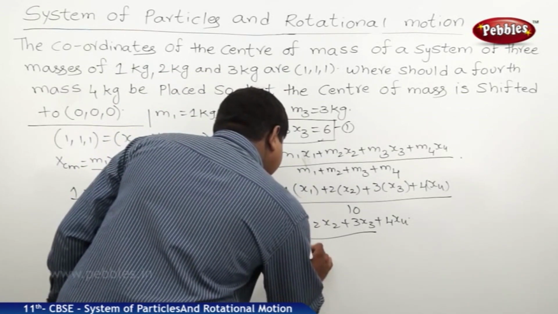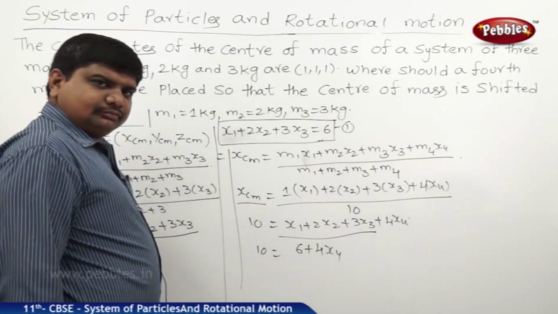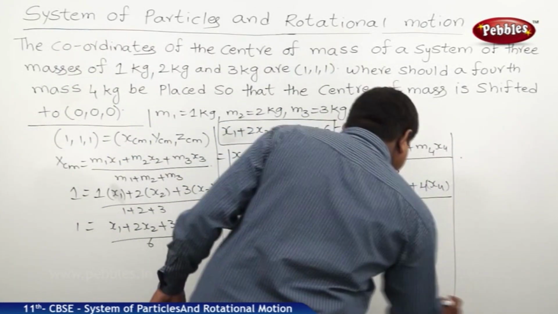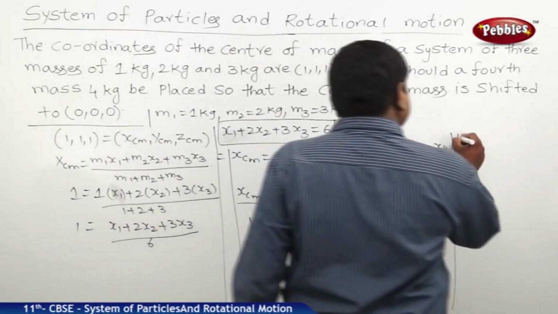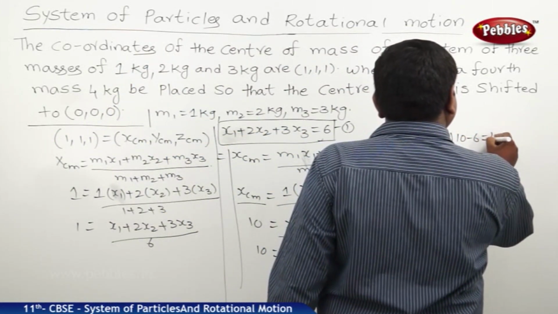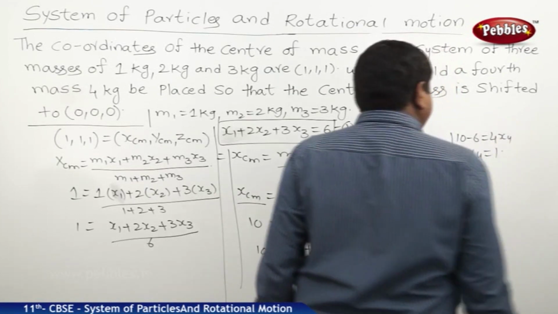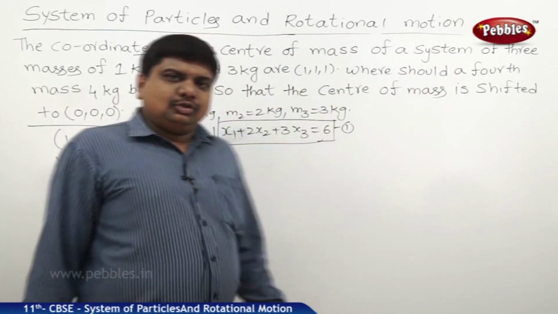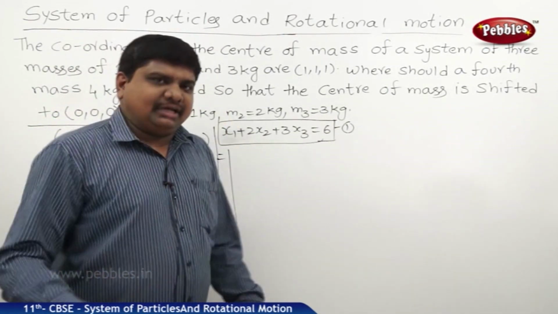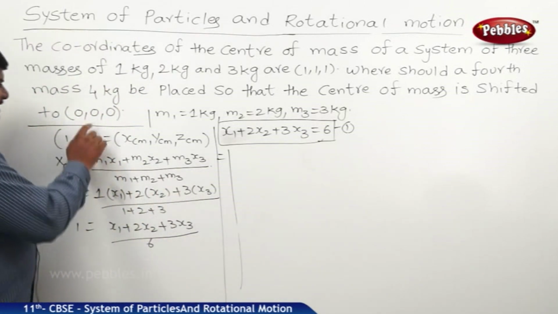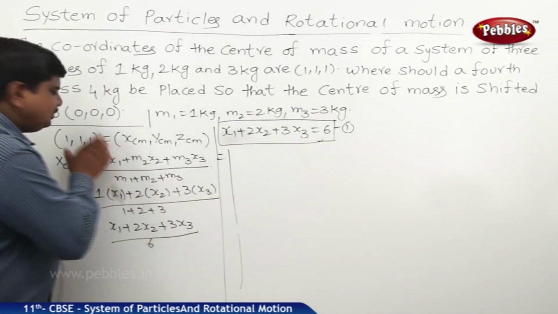Therefore 6 plus 4x4 is equal to 10, so 4x4 is equal to 4. Therefore x4 is also 1. So if the center of mass is not changing, then x4 is also 1. But in the problem it says the center of mass was shifted, means changed, to 0, 0, 0.